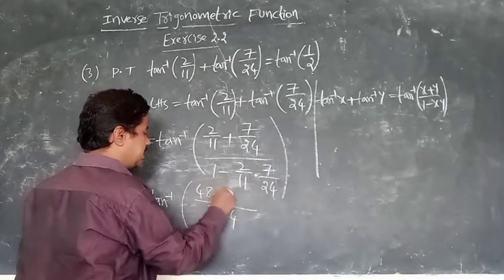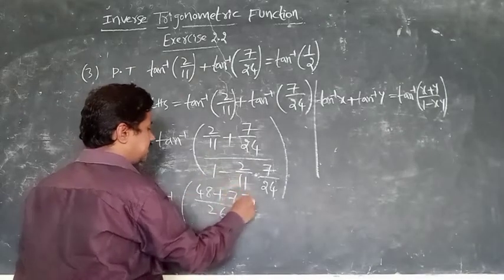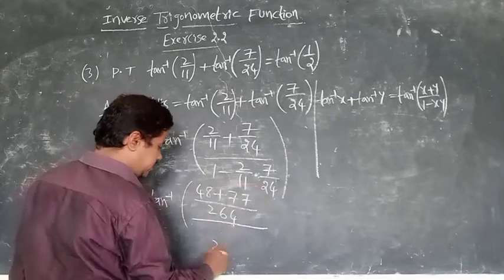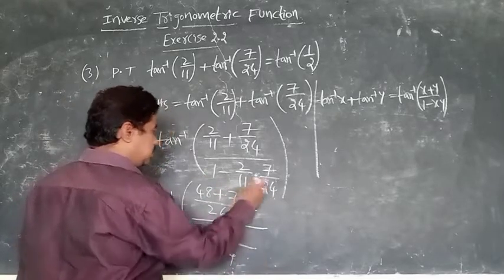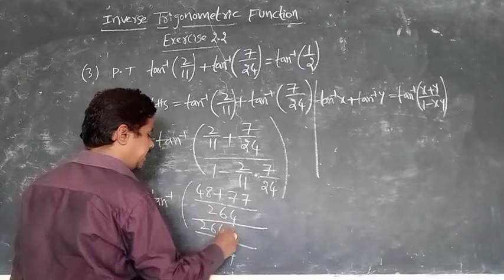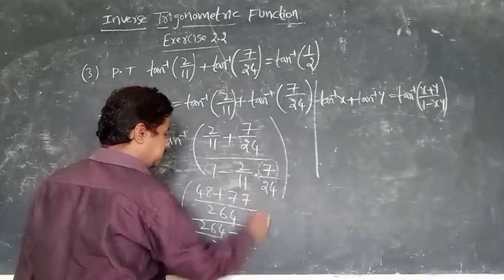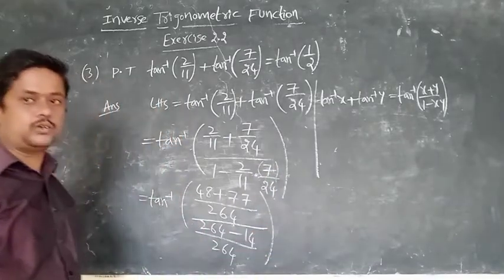And 24 into 2 is 48, plus 77, over 264, minus 2 into 7, which is 14. Like that you have to write.